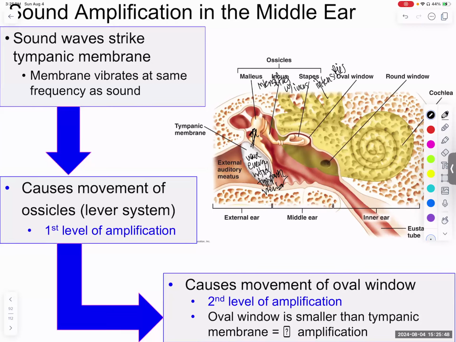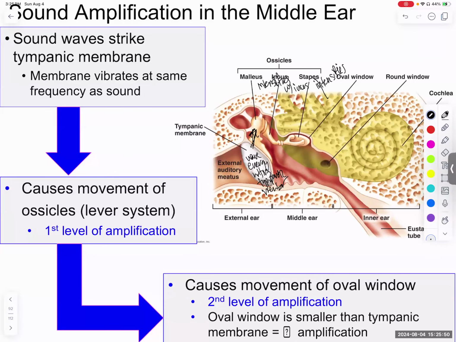And so the auditory ossicles are said to amplify the vibratory energy. The sound waves create so much energy, but then that energy actually increases with each auditory ossicle. So it's an amplification.